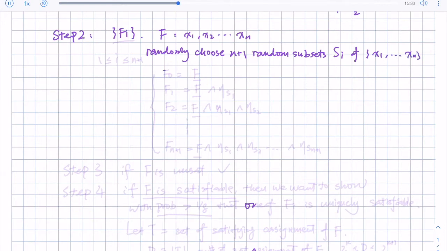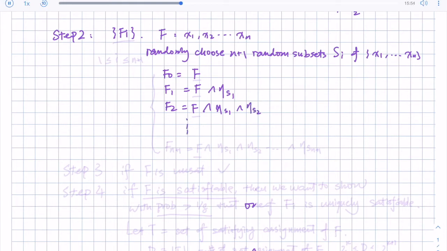And we say F0 is F, and then we let F1 be F and eta S1, F2 equals F and eta S1 and eta S2.